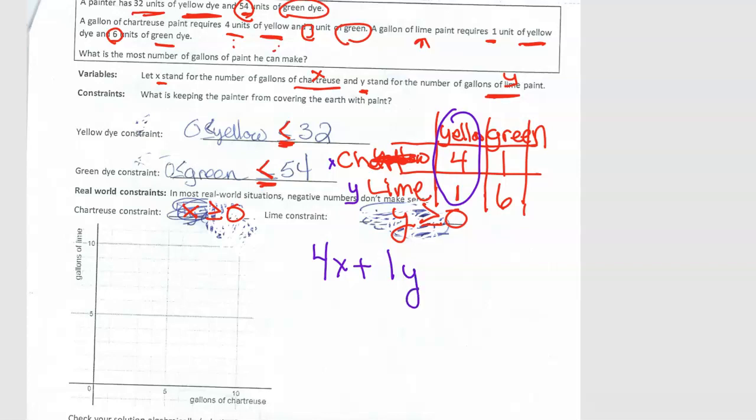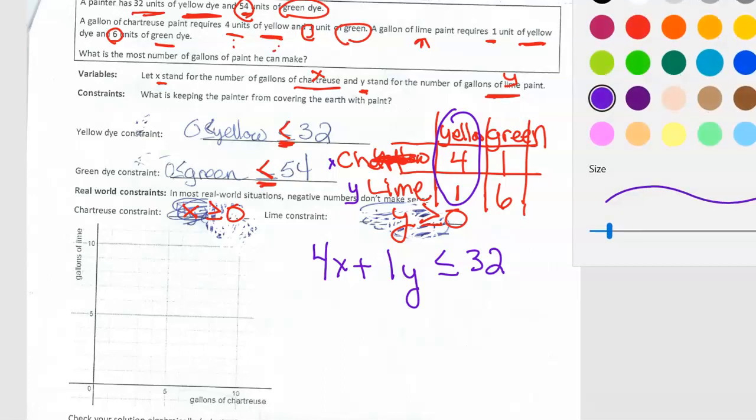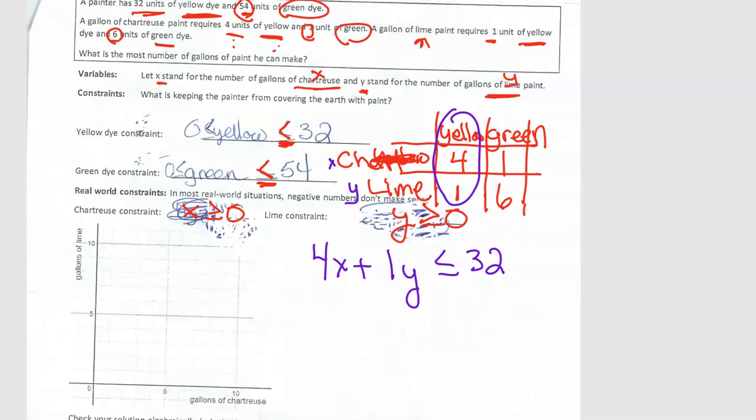But altogether, this is my yellow, altogether I can't have more than 32. And then we'll use another color here, maybe a green, for my green. So with the green, I can have 1 for the chartreuse, but it takes 6 to make the lime. And altogether, I only have 54 units. So that's the maximum.